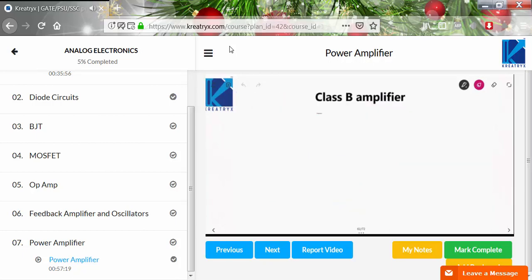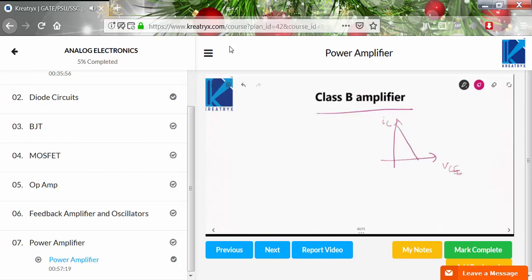Next, class B amplifier. In case of class B amplifier, the operating point is located at the extreme ends of the load line. That means it is either in the saturation region or in the cutoff region. Here I am showing the DC load line, IC versus VCE.